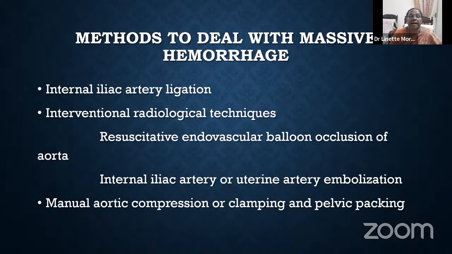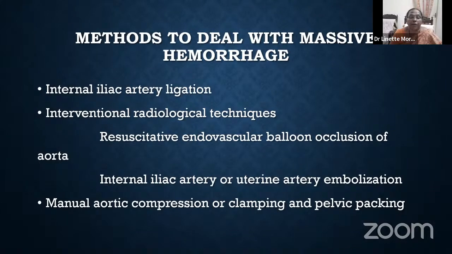Or an internal iliac artery ligation can be tried. If we are planning for an embolization, that should be tried first, and only then should you think about an internal iliac artery ligation. If an internal iliac artery ligation is attempted first, then uterine artery embolization may be difficult or may not be possible in the later phase.